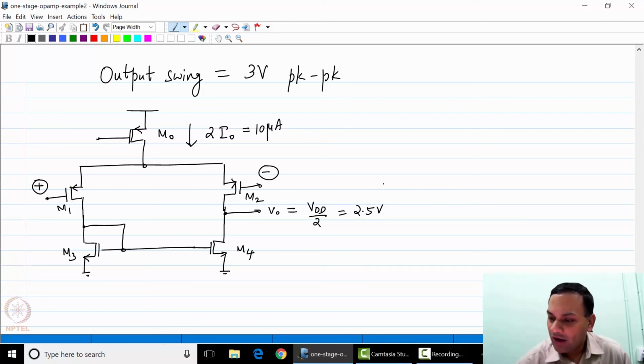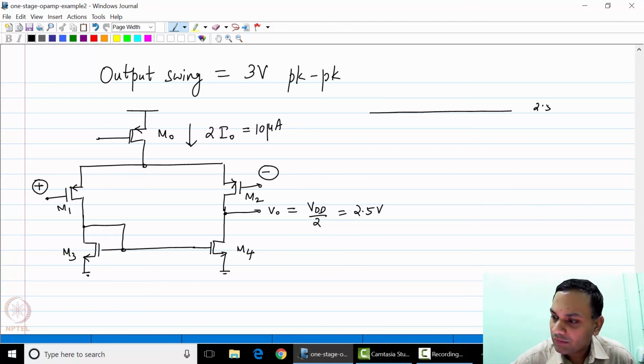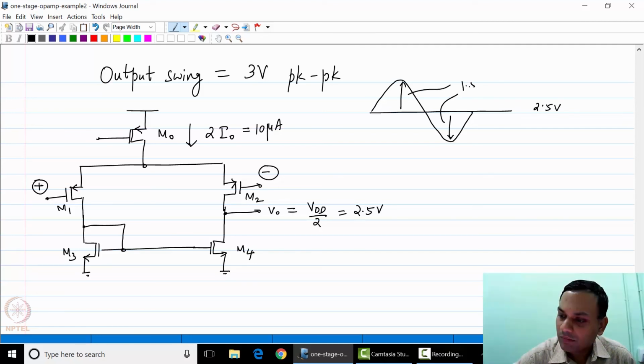Now on top of this 2.5 volts, we want a 3 volt peak to peak swing, which means the amplitude is 1.5 volts. And at that point, the transistors on either side should just touch the triode region.